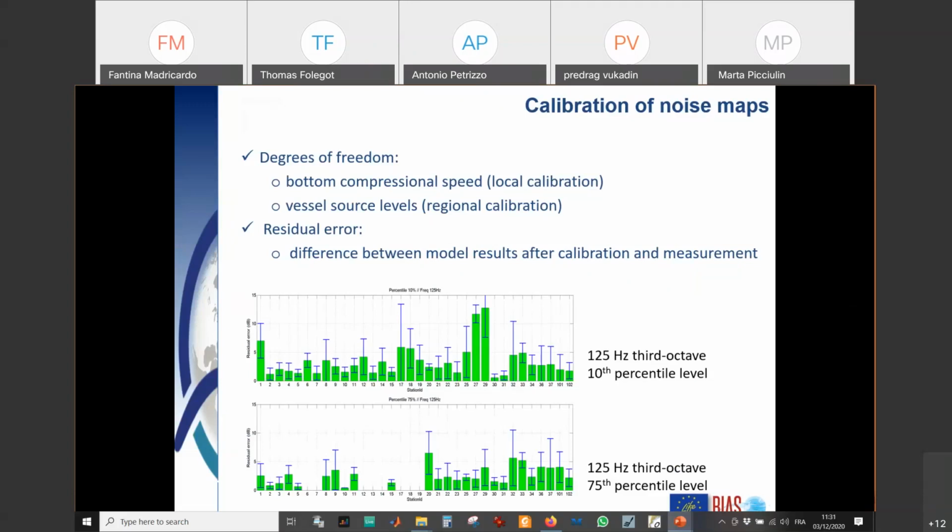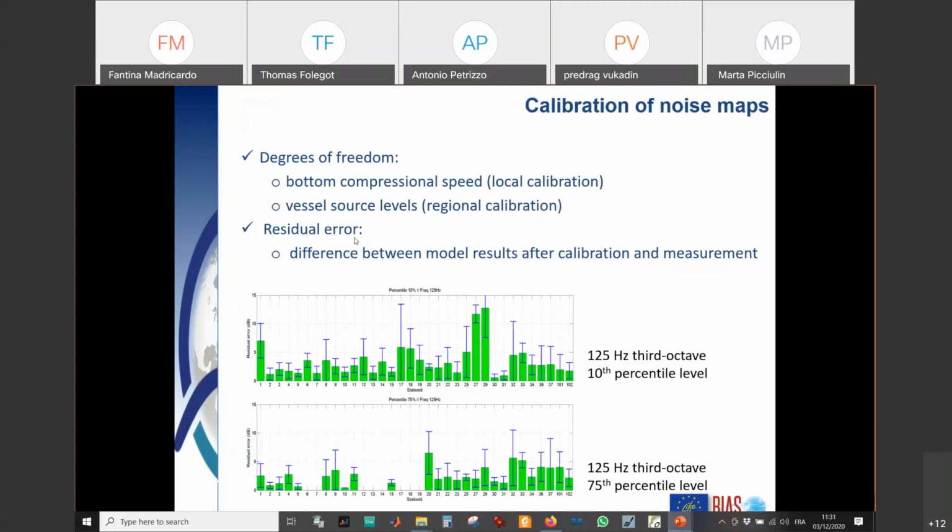We don't have all the vessels, of course, because the vessel needs to pass by the hydrophone. But once we know the source level, we can inject that value along the entire trajectory of the vessel, even though the vessel is located very far from the hydrophone.